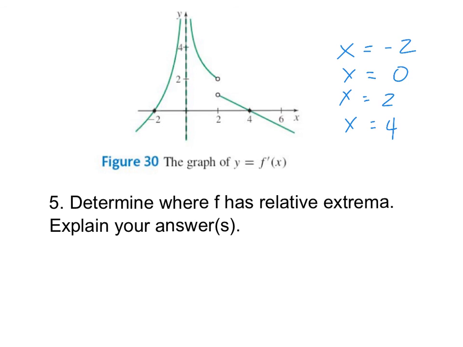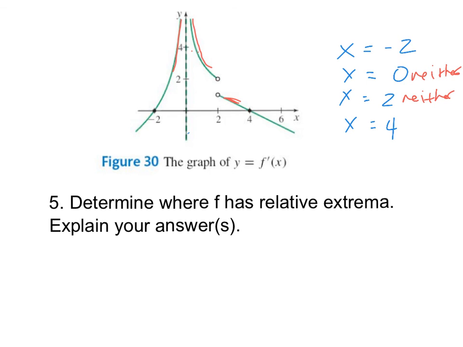Which of those is a relative extrema? So at the vertical asymptote, this is above the x-axis and above the x-axis, so that's positive, positive. So 0 is a neither. And then the same with this jump, it's above and above. So f prime is above on both sides, so that's a neither.